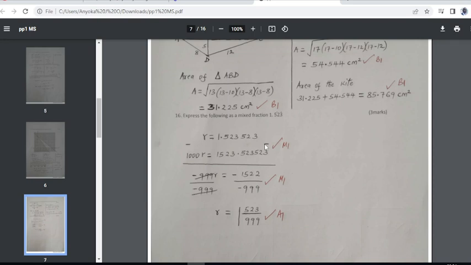The best way to answer this question, you ask yourself one question: is the decimal point before the first recurring digit? So our first recurring digit is 5. Is the decimal point before 5? The answer is yes. If it is not, we are supposed to shift the decimal point until it is before the first recurring digit.